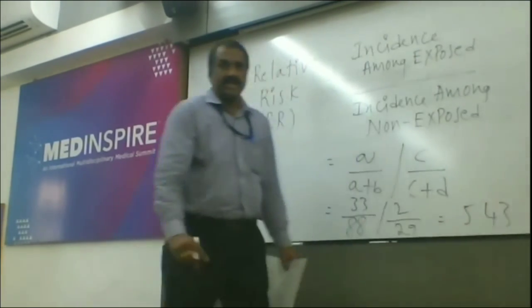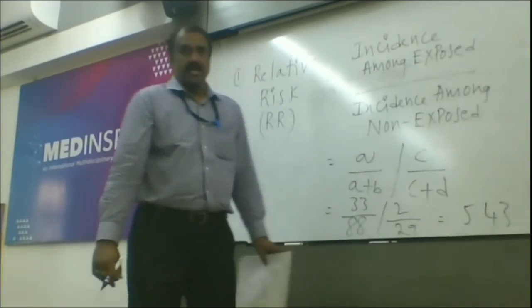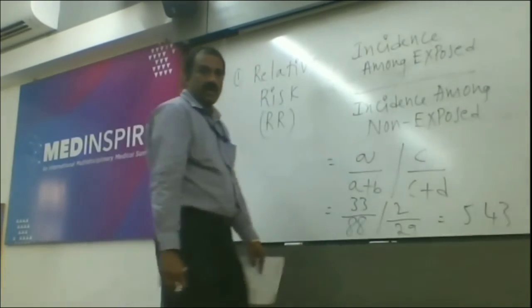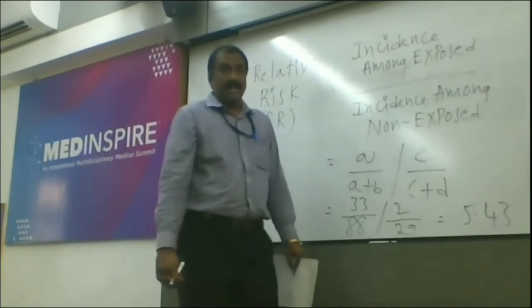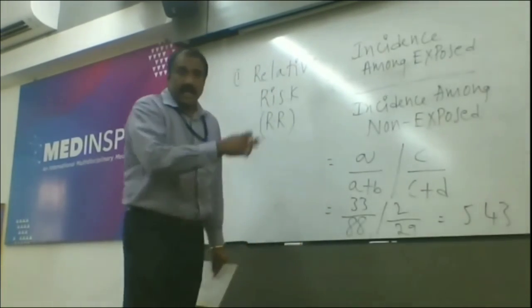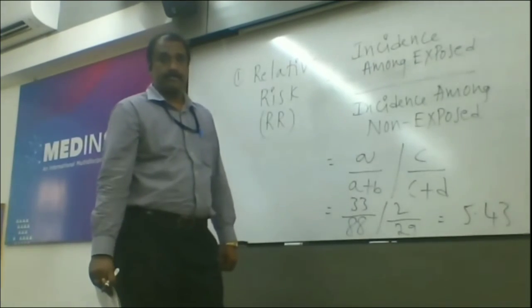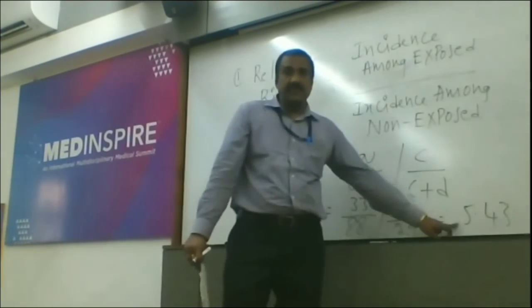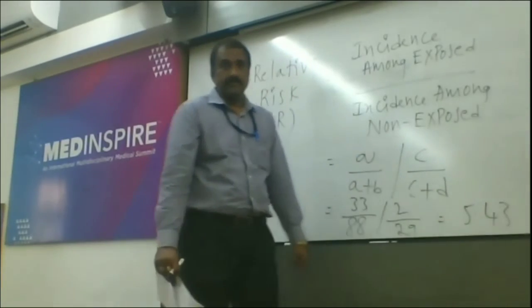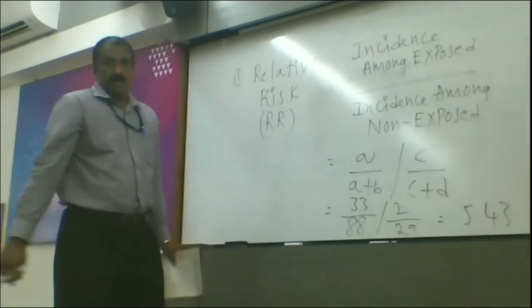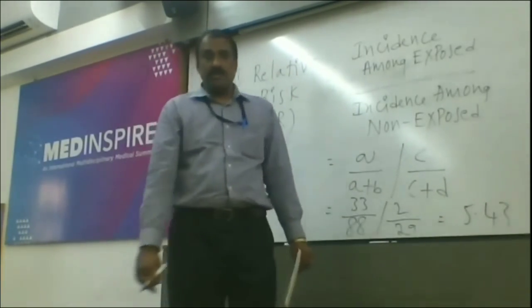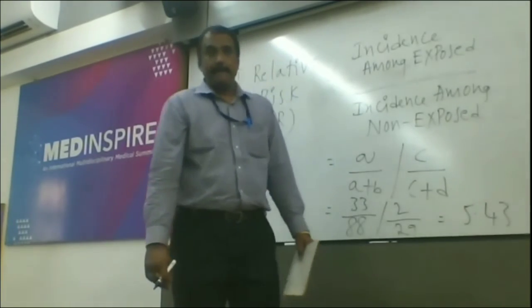So this is the value of relative risk. Any doubts? Please go through this one. And its value is 5.43. So please follow properly. Afterwards, you must do one example on your own.